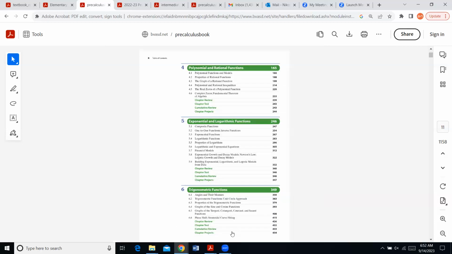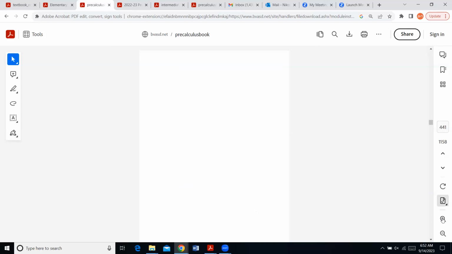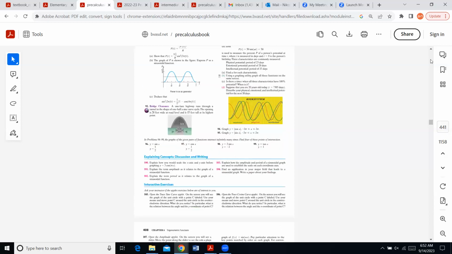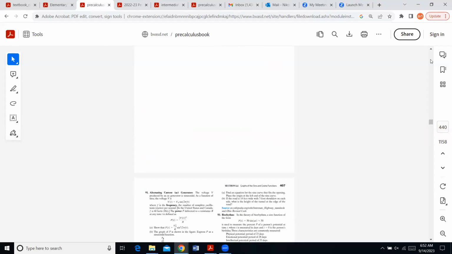So I just clicked on 6.5 to get faster. So I hope you all have the textbook by now saved. So this way you get quicker to the page you need. Almost there.